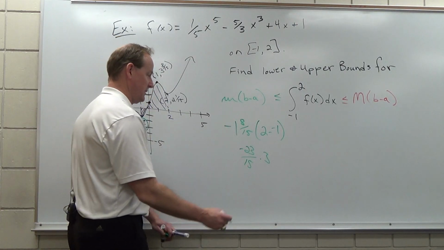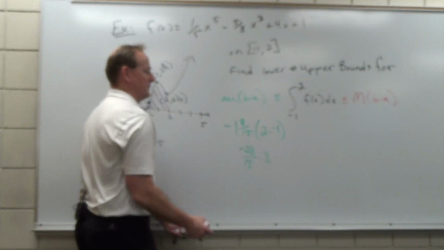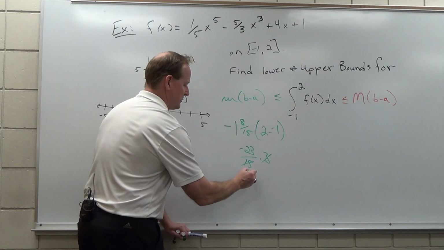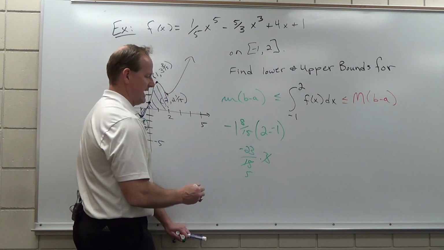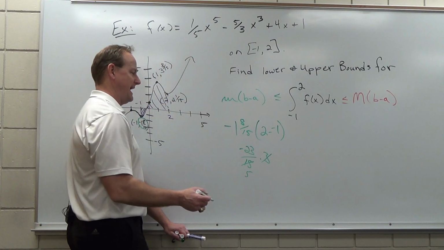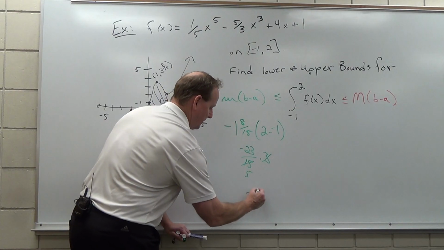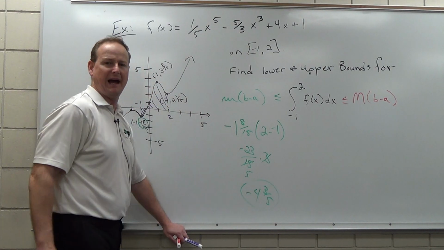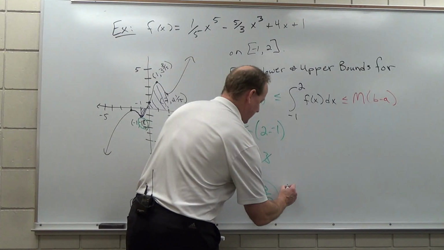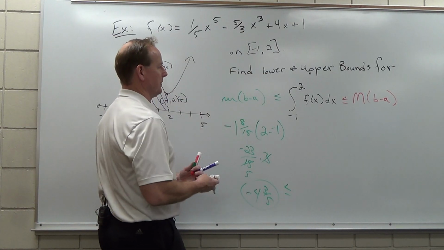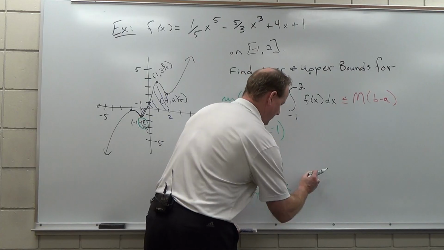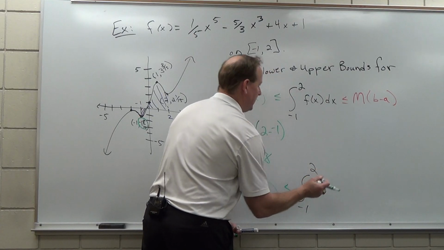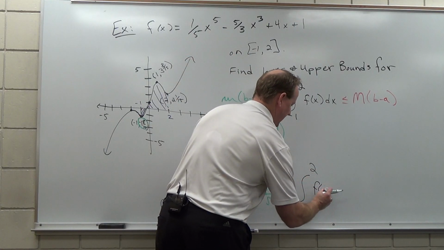However you want to say that appropriately, and then times 3, right? So what I can do here is cancel this out, and then -23 divided by 5 is -4 3/5. So -4 3/5 is going to be the lower bound, and that's going to be less than or equal to my definite integral there from -1 to 2 of f of x with respect to x.